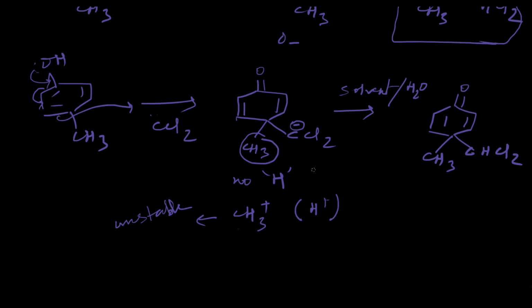Okay, so one reason is this, and another reason is that if you look carefully, this carbon atom is attached to a neopentyl type moiety. You all know what a neopentyl moiety is.